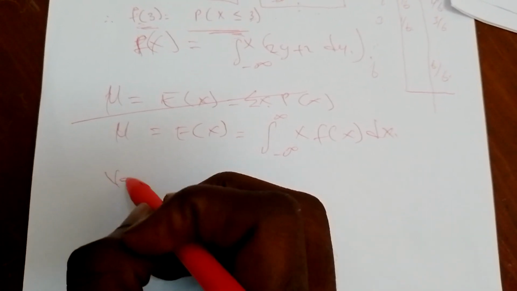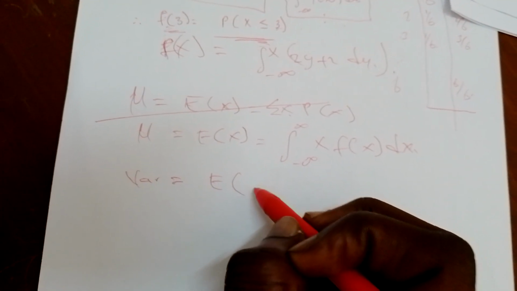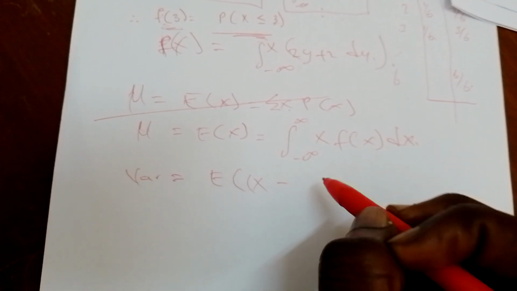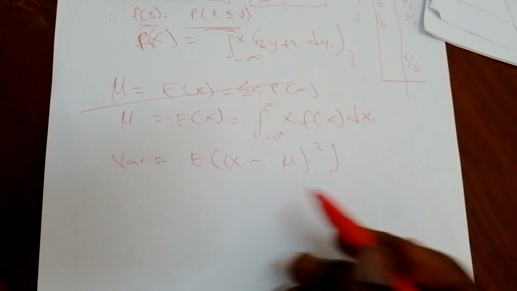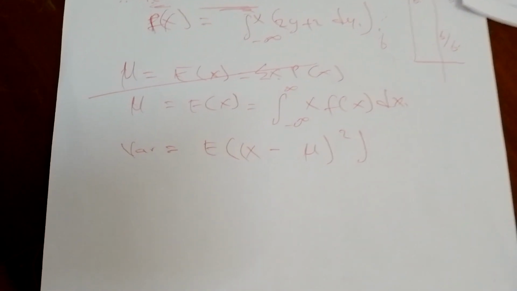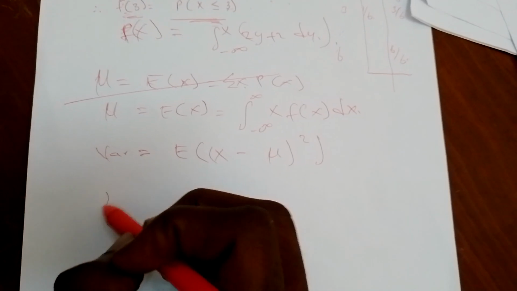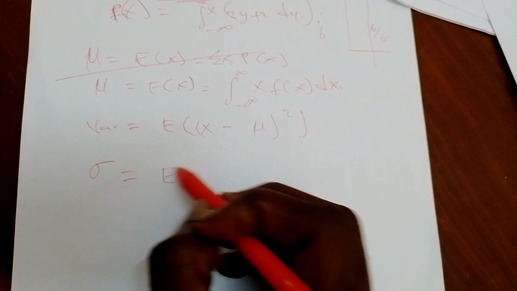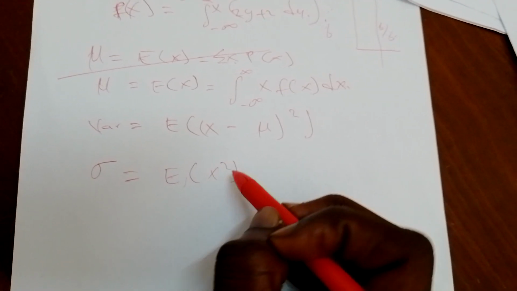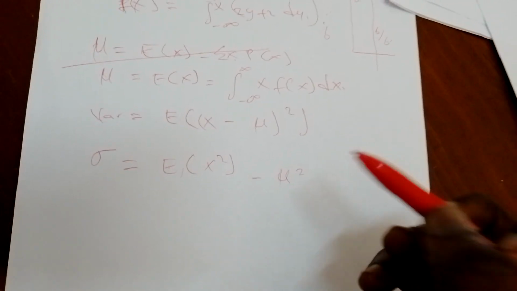So you can have your variance equals, right, okay, and in the same way you can have your standard deviation equals your expectation of x squared minus mu, or sorry, mu of x.